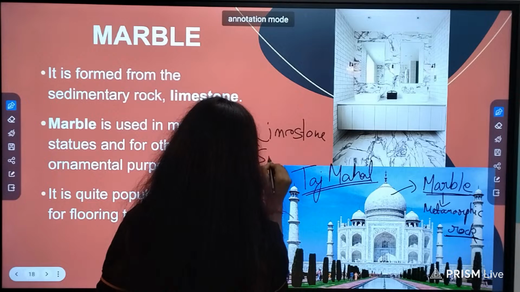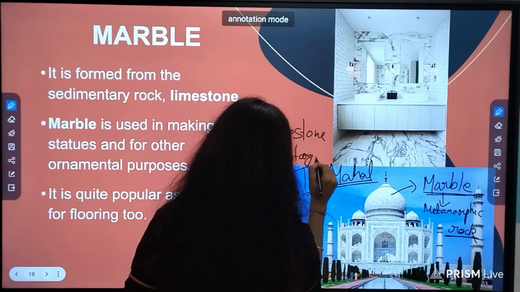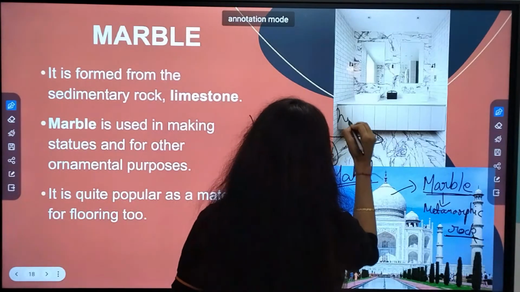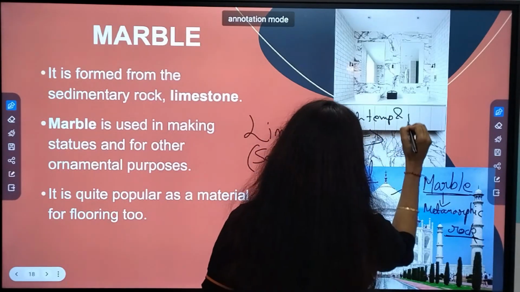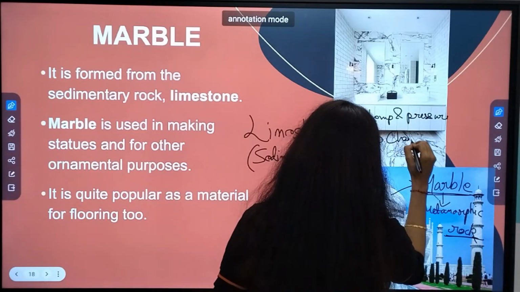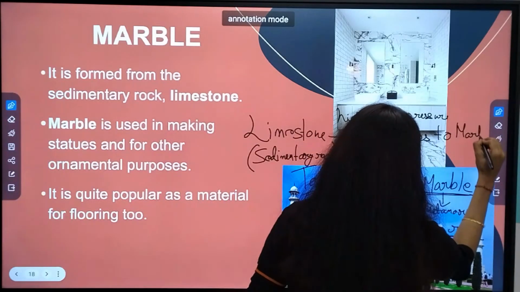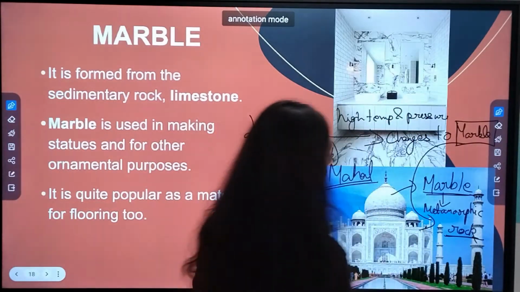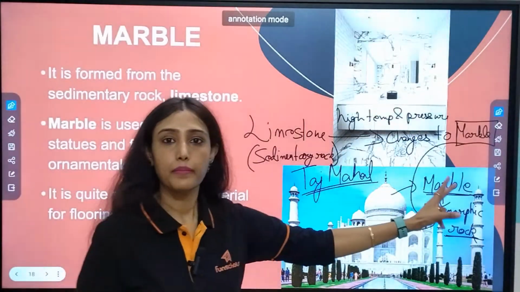Limestone is a sedimentary rock which undergoes high temperature and pressure changes to marble, which is metamorphic rock. So the question may come, from which rock is marble formed?